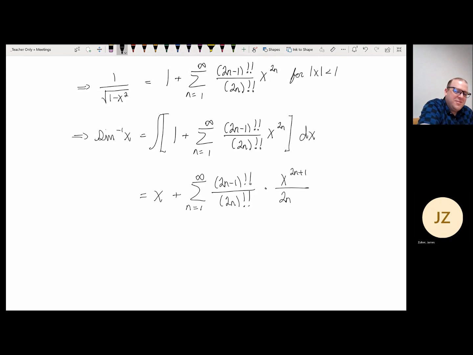Just 2n? Right, how'd you get x to the 7th over 7 from x to the 6th? There's your antiderivative. It just looks way more complicated than it really is. Plus a constant.